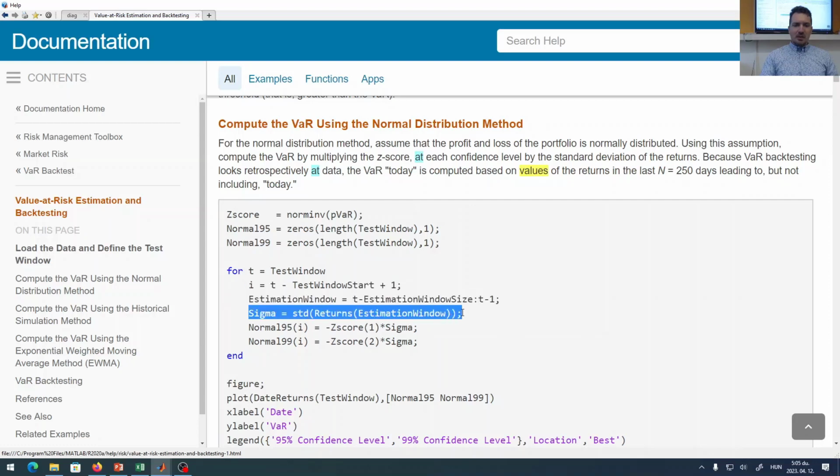But at least it's nice because even if it's not using a Garch model, so it's less sophisticated than our approach, still it's calibrating the standard deviation for the estimation window. You can do it easier. And this is just focusing on the negative side.